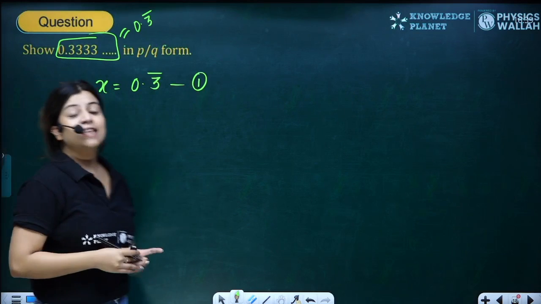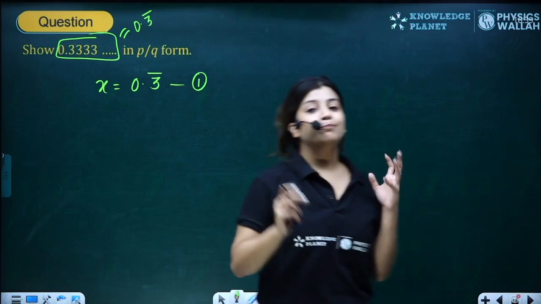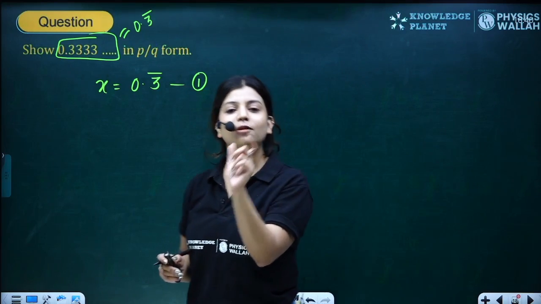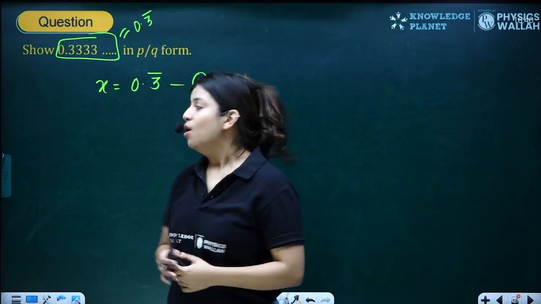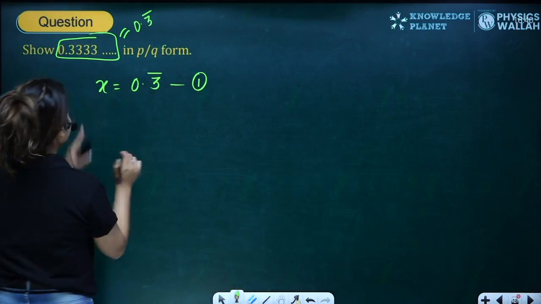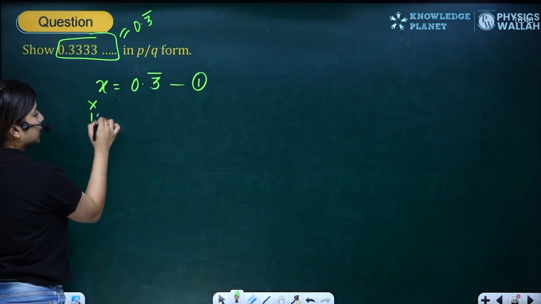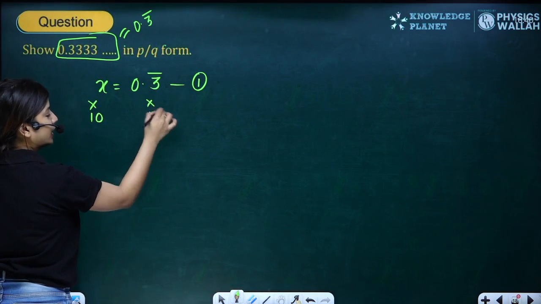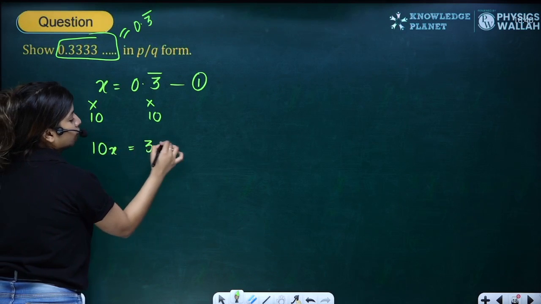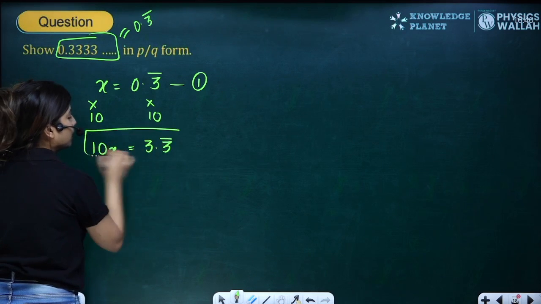Now, the second step is to multiply both sides of the equation by 10 raised to the number of digits having a bar on it. Over here only one digit is having a bar on it. So multiply both sides by 10. So this will become 10x. This will become 3.3 bar. And why 3.3 bar, students?